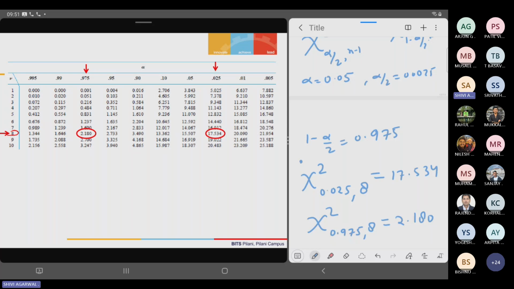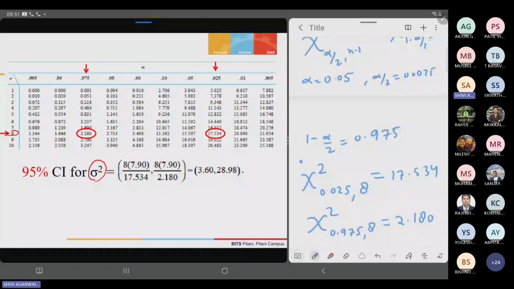Okay. So now we are taking the formula here. The 95% confidence interval for sigma square: (n minus 1) S square upon chi square, that is 17.534, and (n minus 1) S square upon 2.180. So that is for sigma square.